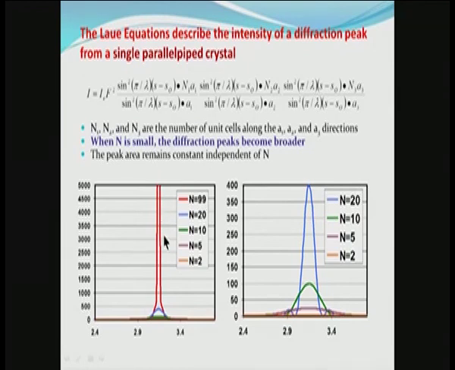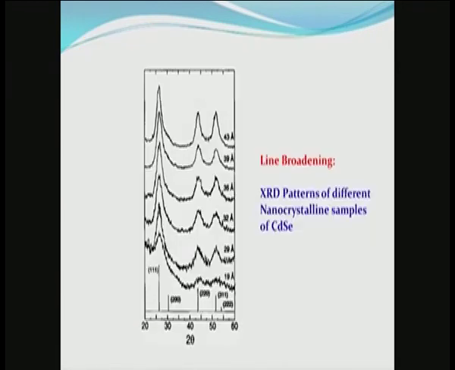So, when n is infinite, then this will become a sharp delta function type line. So, the Laue equation predicts that one should have broader peaks if the number of planes involved in the diffraction is small.